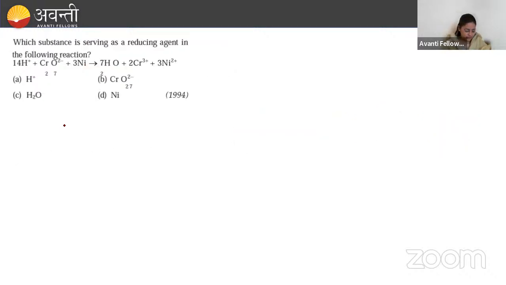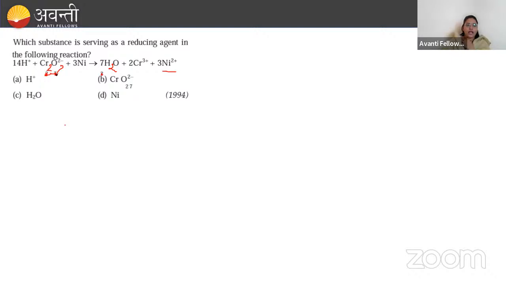Next, which substance is serving as a reducing agent? What I have told you right now: a reducing agent loses electrons, and its oxidation number increases. See here, the reaction is given: Cr2O7 2- gives 7H2O, 2Cr3+ and 3Ni2+.